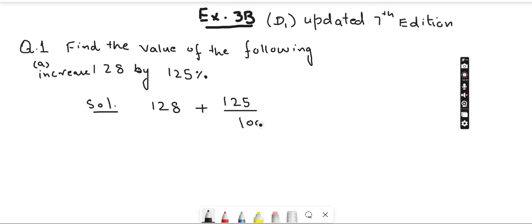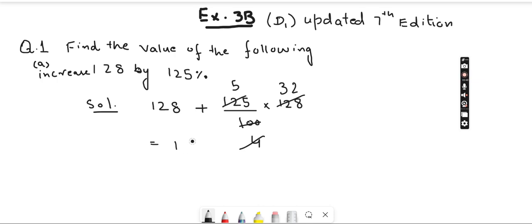We have to take 125% increase in 128. I'm just simplifying it with 25 table. So it is 28 actually, not 128.